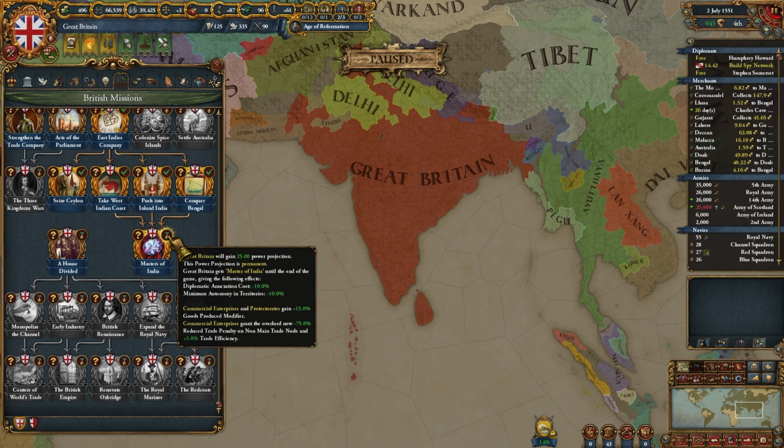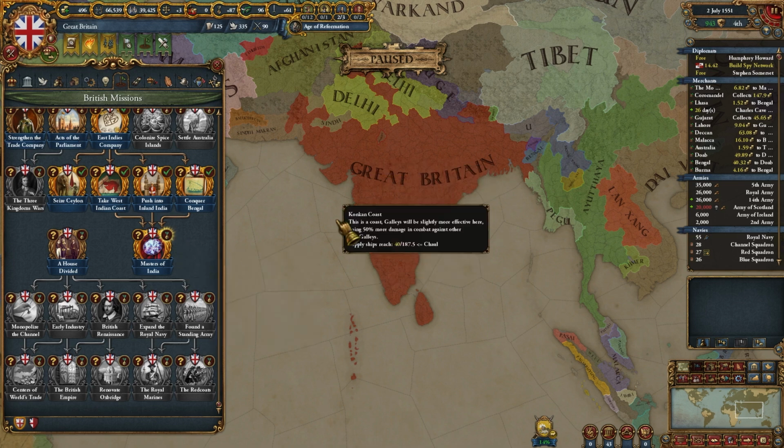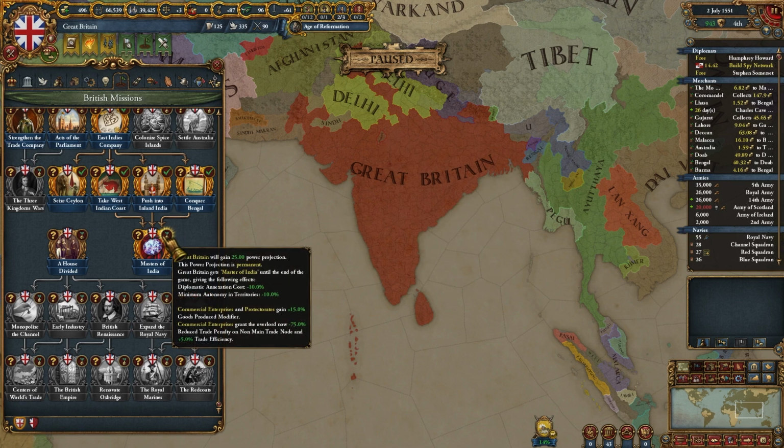And on top of that, commercial enterprises, which basically I would be if I would be a subject still, get 15% goods produced modifier, which doesn't matter too much right now, but we'll see about the protectorates maybe. And the commercial enterprises grant the overlord 75% reduced trade penalty in non-trade nodes to collecting there, and 5% trade efficiency.